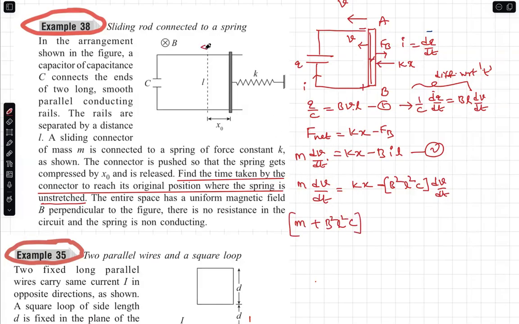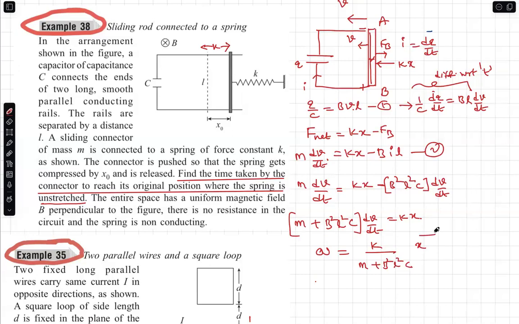I am taking x as the instantaneous distance of separation from the equilibrium position. dV by dt is kx. So acceleration is k by m plus B square L square C times x.